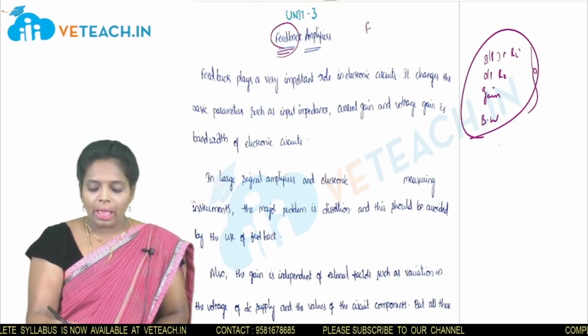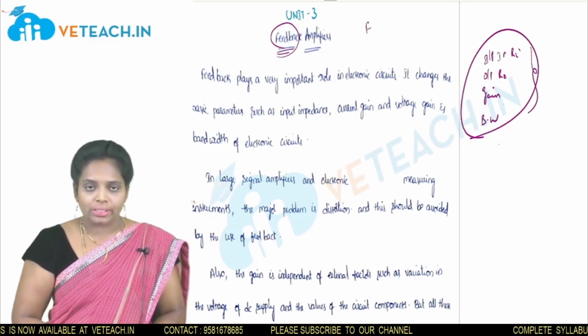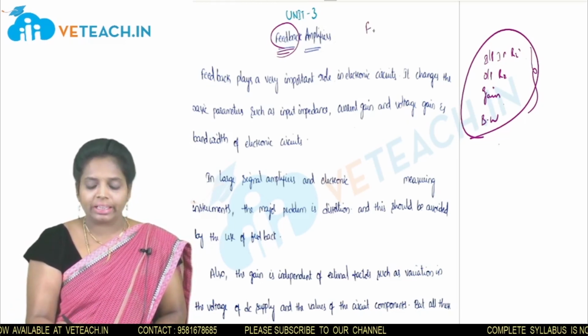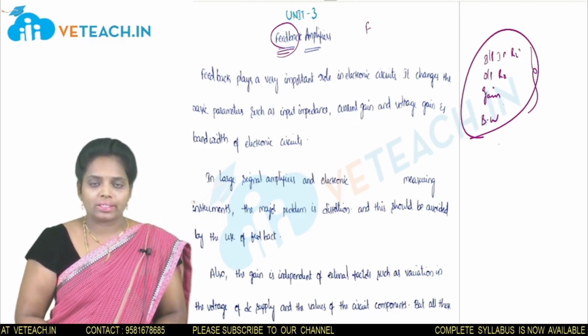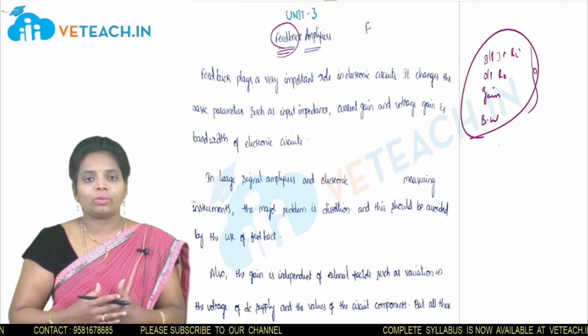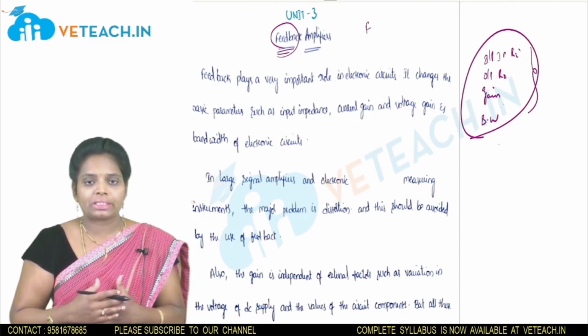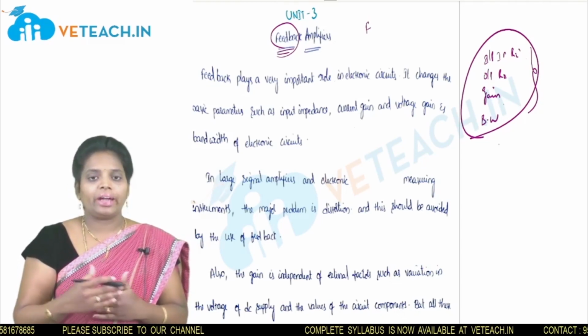Feedback makes the gain independent of the circuit parameters. What are the circuit parameters that exist? They are nothing but the transistors, capacitors and all these things.